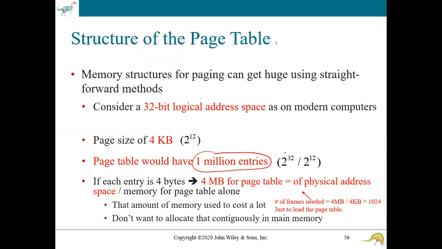How did you get that? The logical address total is this one, the page size is this one. So you divide that and you get the number of entries, the number of pages. Each entry is 4 bytes. Million means mega. Do you agree with me? So that's why it is 4 megabytes for the page table alone.